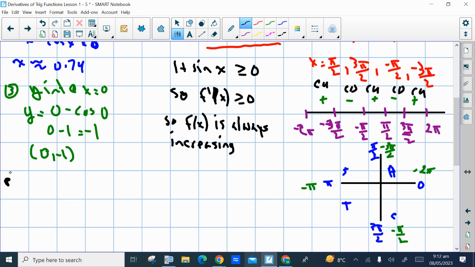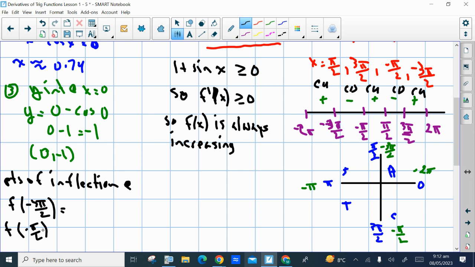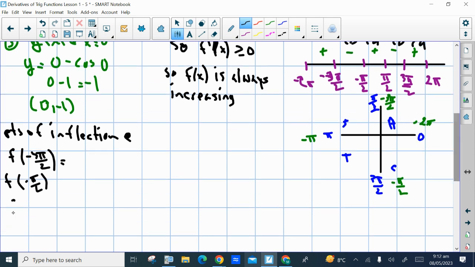So there will be points of inflection at f at negative 3 pi on 2, f at negative pi on 2, f at positive pi on 2, f at positive 3 pi on 2.